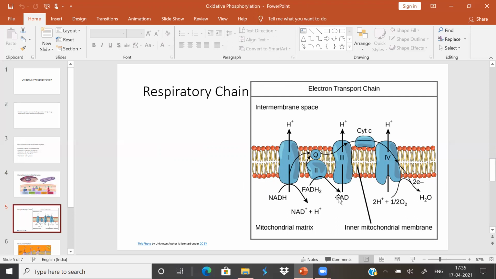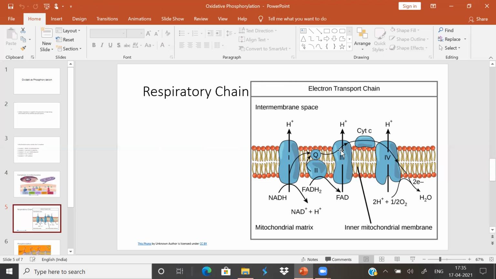When these reducing equivalents enter into the respiratory chain through complex 1, that is NADH, the NADH is converted to NAD and H+, and electrons are transported via FMN and FeS, and then the Q protein, and after that complex 3.